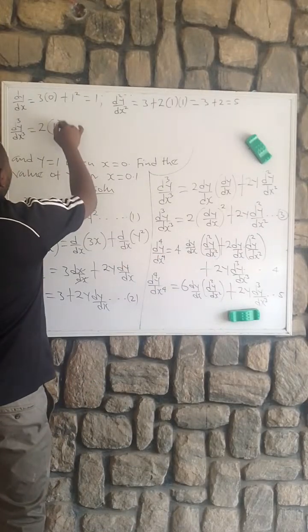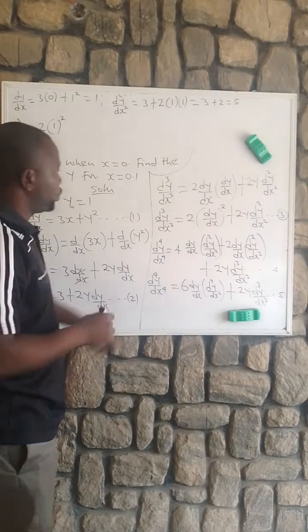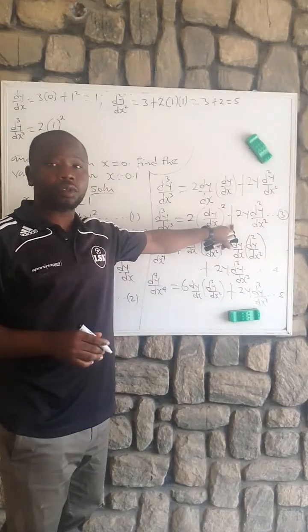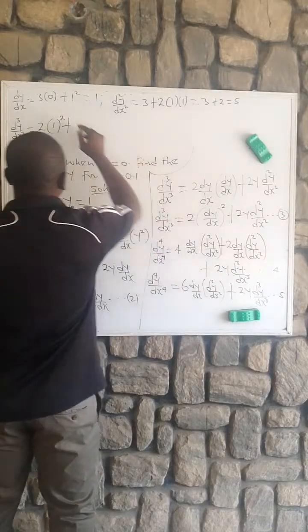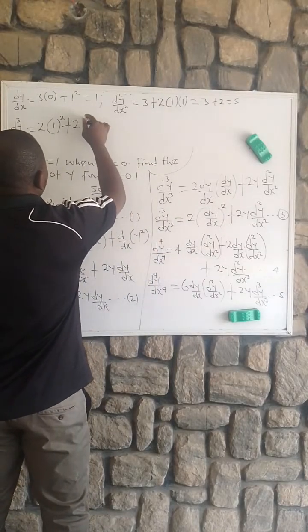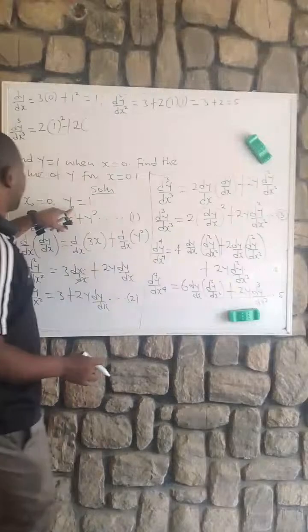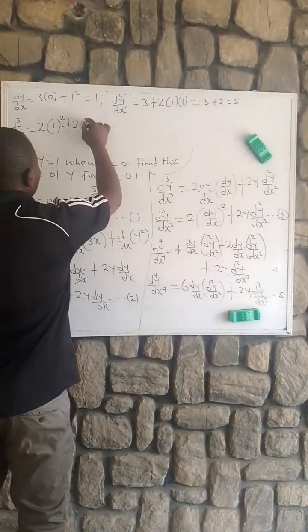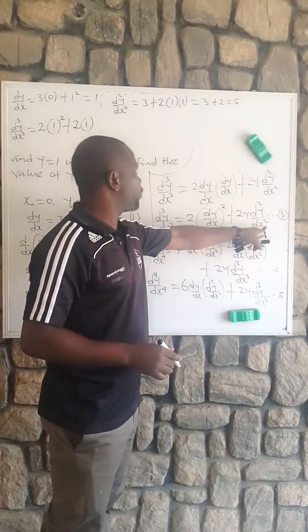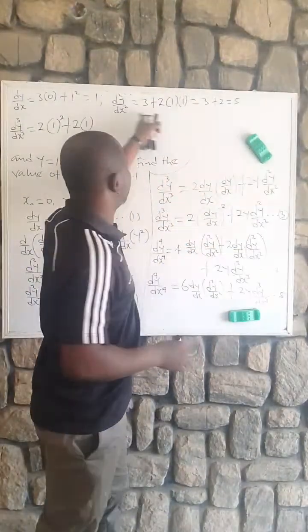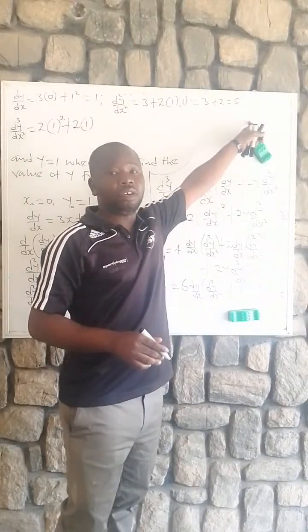So we write 1 all in bracket raised to power 2. Plus 2y. What is your y? Your y is given as 1, then open brackets, d squared y over dx squared is equal to 5. Look at it, this is the answer. True or false?